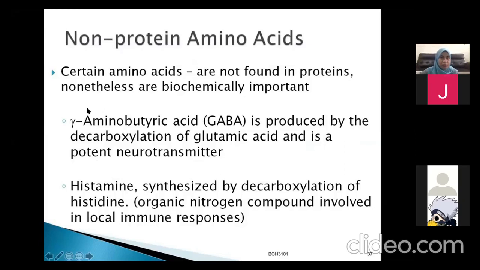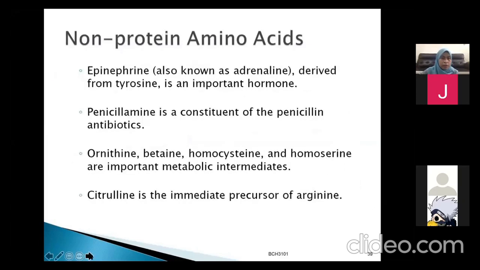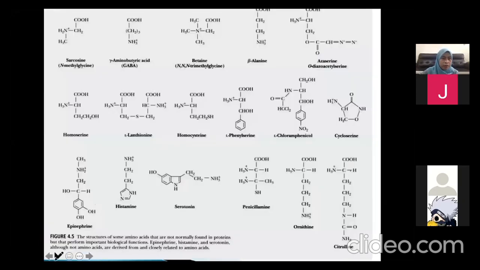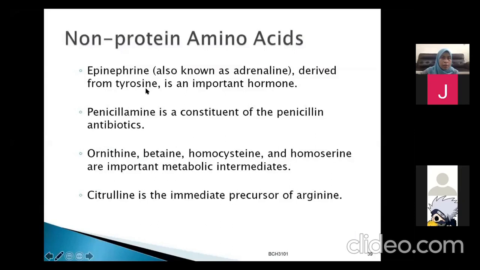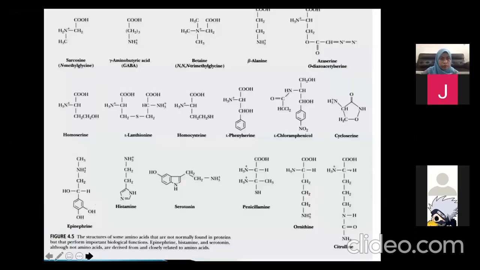For example, we have here GABA and histamine, and then adrenaline, penicillamine, and a few more. They're still amino acids, but they are not encoded for protein.